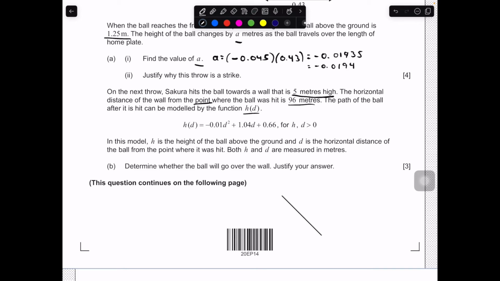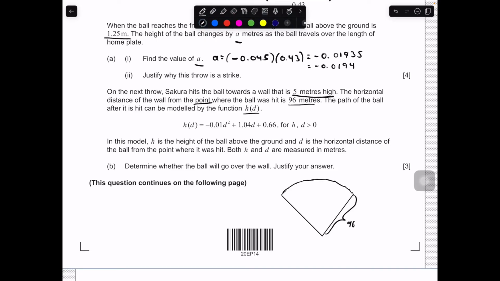Here is a baseball pitch. Looks something like this. And this is, in this case, our radius. This is 96 meters, so this is also 96 meters. This is 96 meters throughout. And what we're asking, this is also the horizontal distance that the ball must travel if it's to go over the wall.